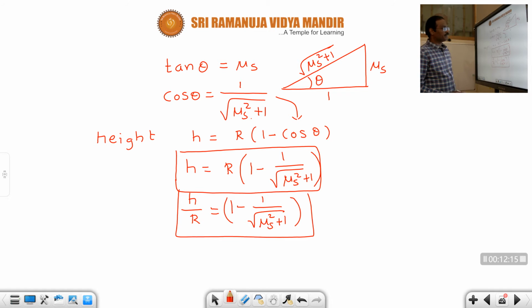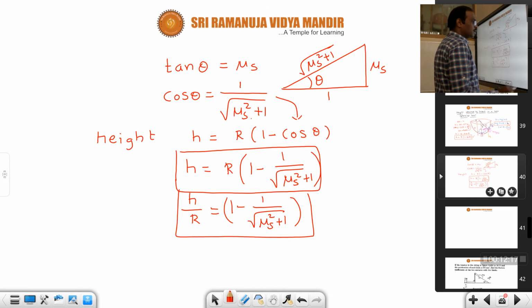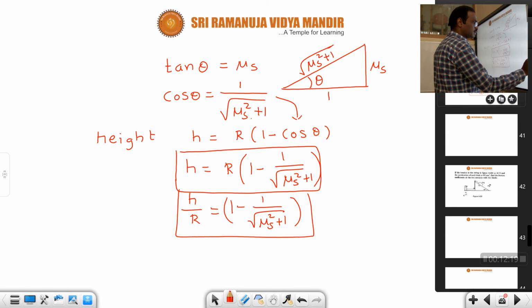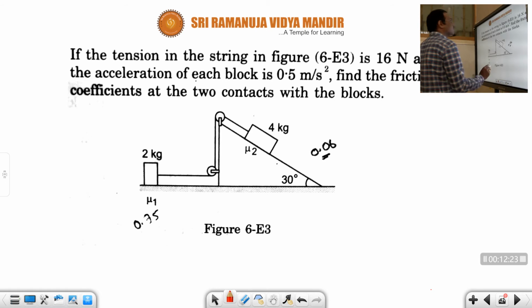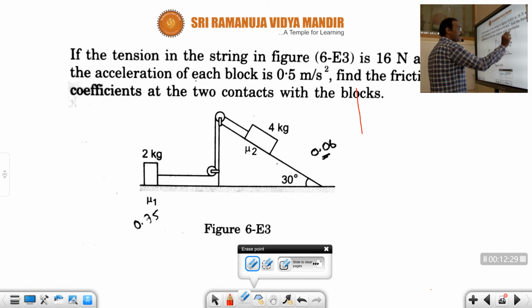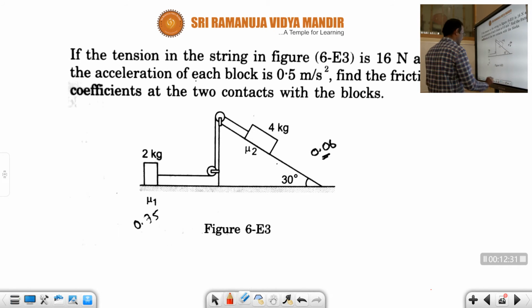Now coming to a question asked like this, in H.C. Verma question number 12. Here the question says that if the tension in the string in the figure is 16 newtons, tension T is equal to 16 Newton is given.